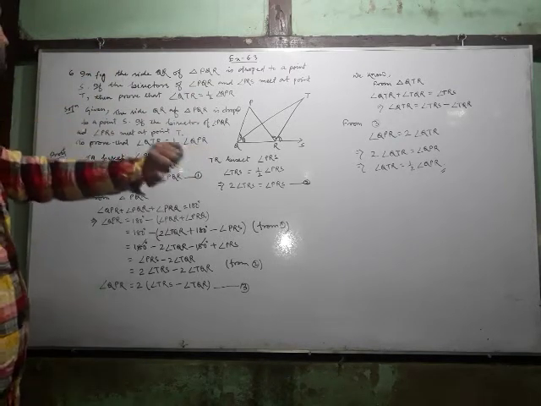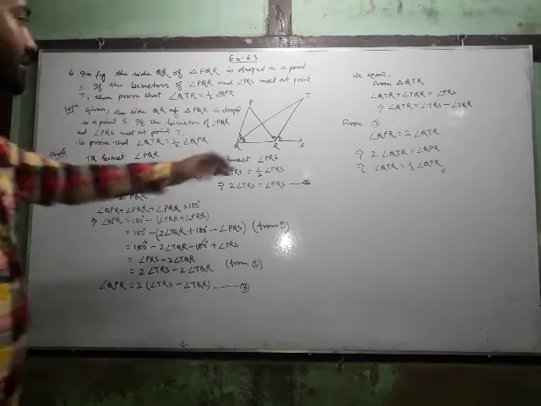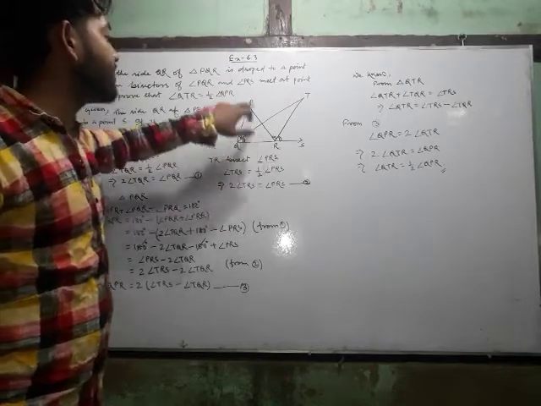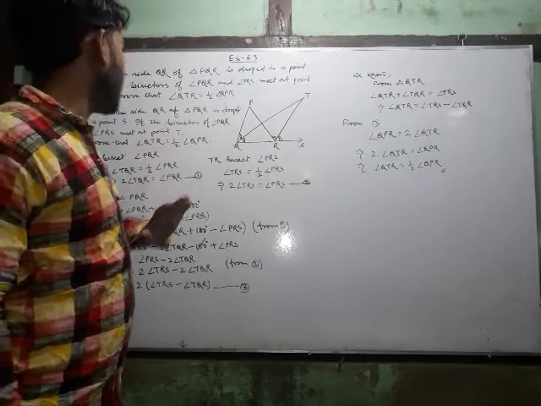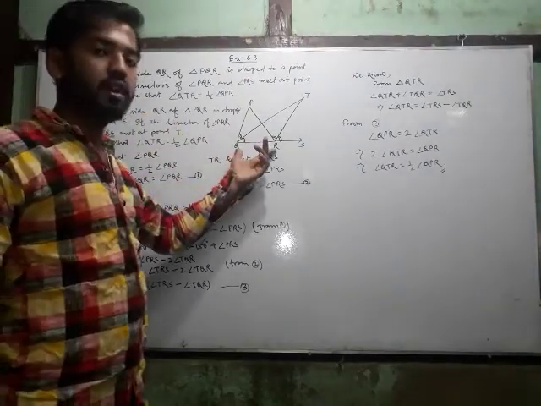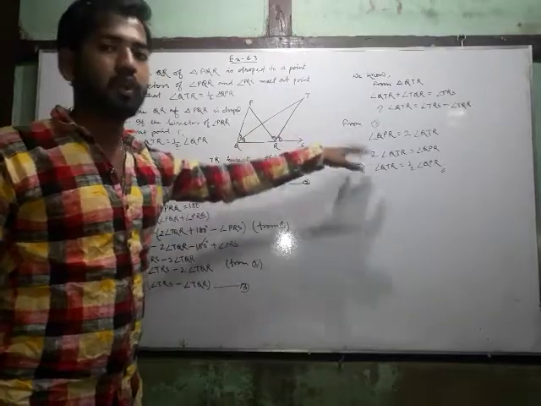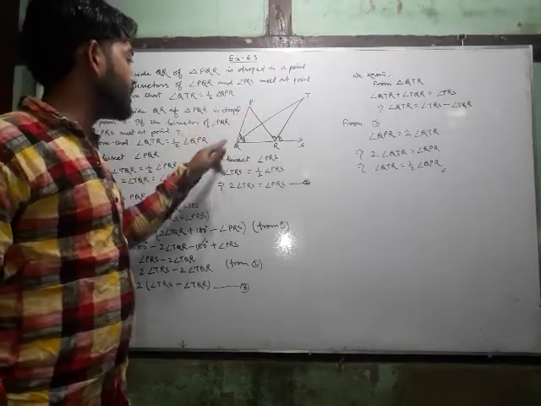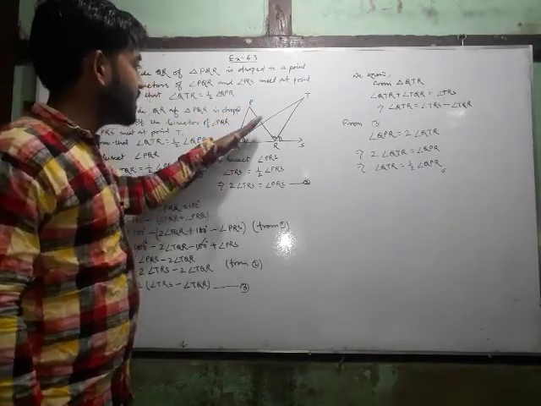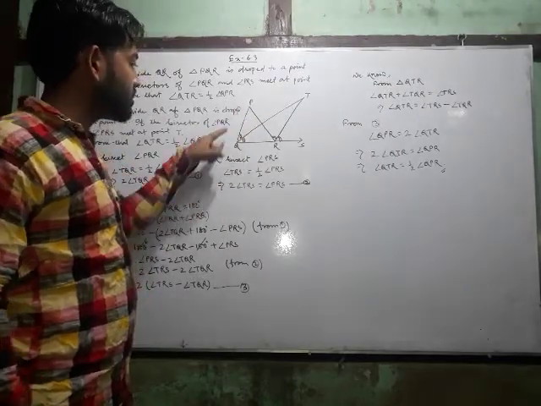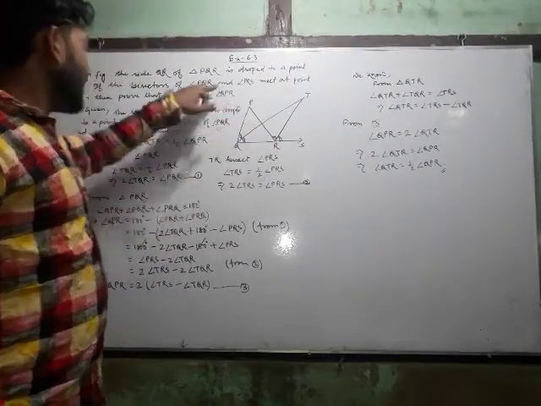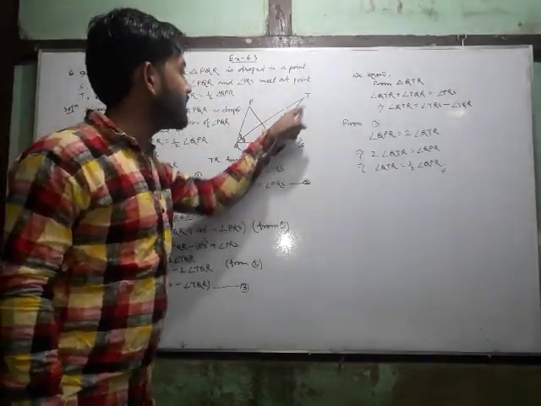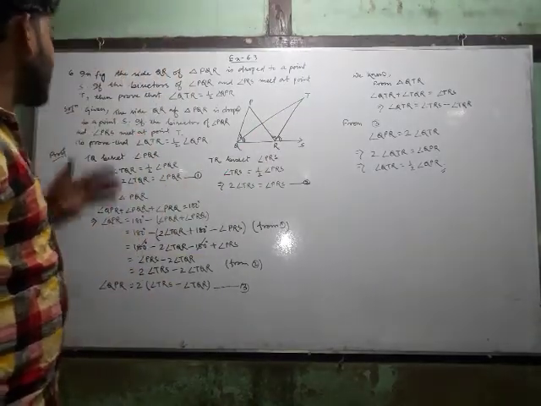In the figure, the side QR of triangle PQR is dropped to a point S, meaning you have to extend the side QR up to the point S. If the bisector of angle PQR, the angle is this one, the bisector is this line, so QT is the bisector of the angle PQR, and the bisector of angle PRS is RT.